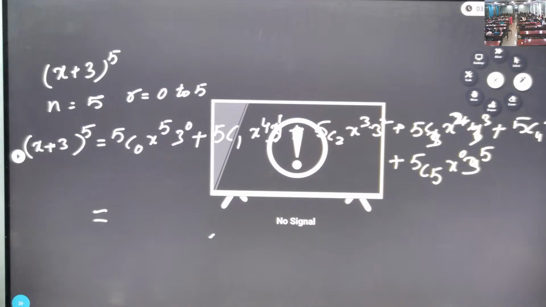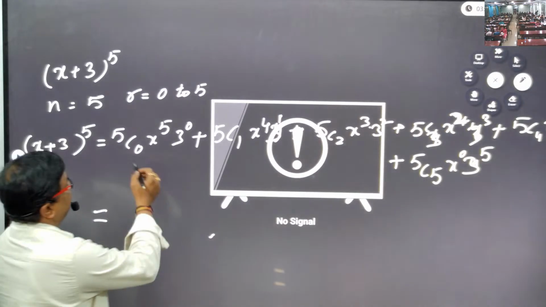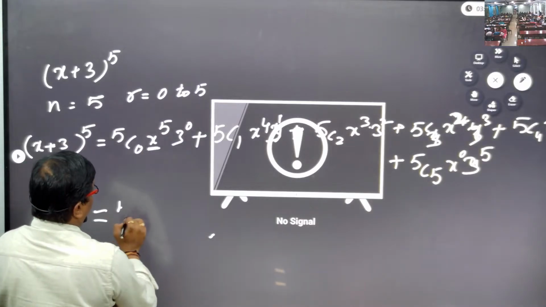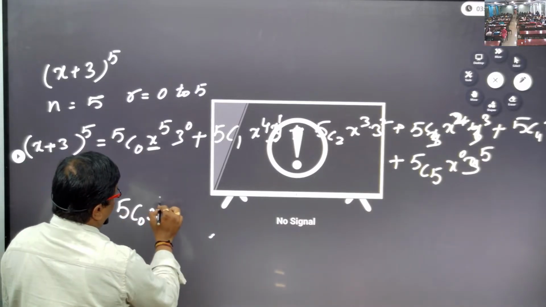The number before x power 5, the numerical value, 5c0. So the coefficient of x power 5 will be 5c0 3 power 0.